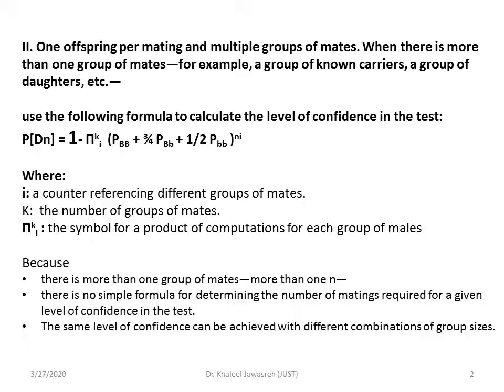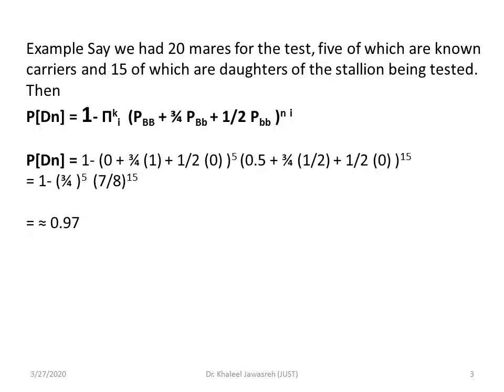Ni here is the counter referring to the different groups of mates. K here is the number of groups of mates that we are using, and so on.